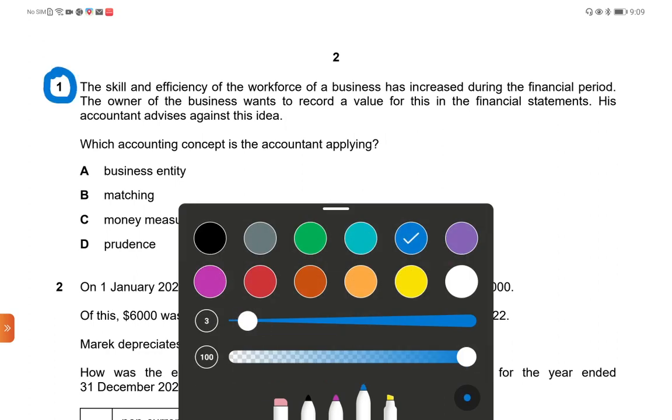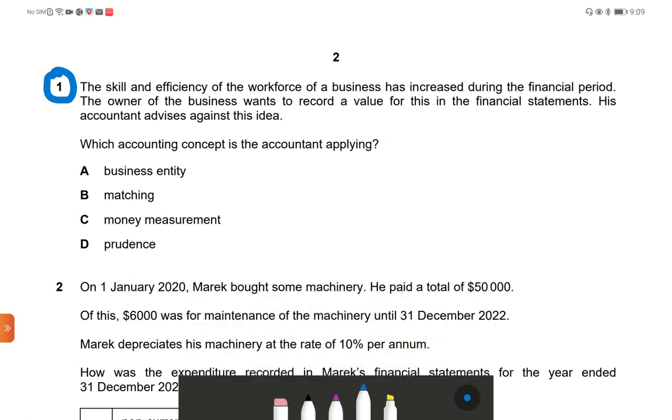First question. The skill and efficiency of the workforce of a business has increased during the financial period.